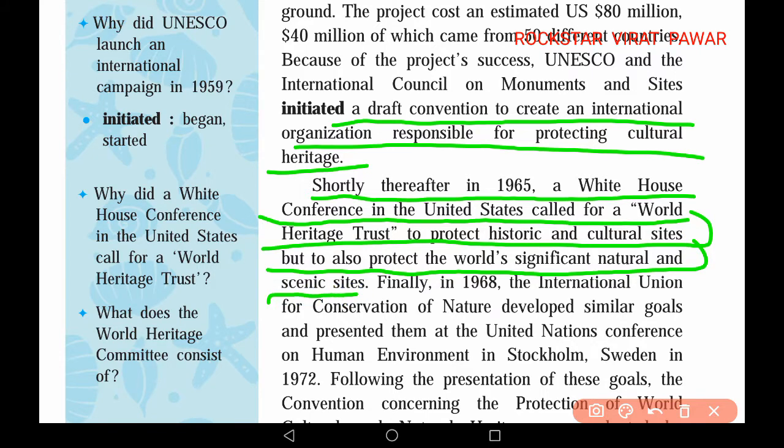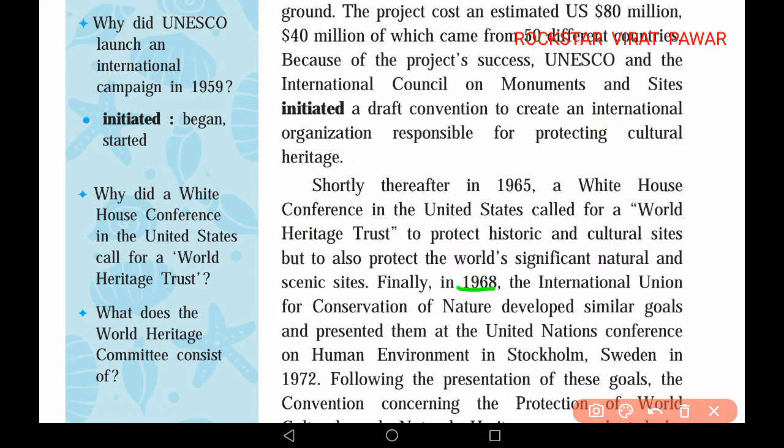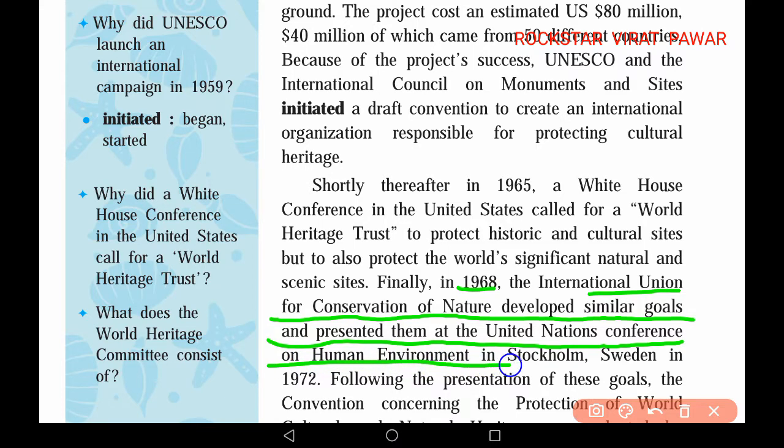You should understand the points given in this chapter. Finally in 1968, the International Union for Conservation of Nature developed similar goals and presented them at the United Nations Conference on the Human Environment in Stockholm, Sweden in 1972.